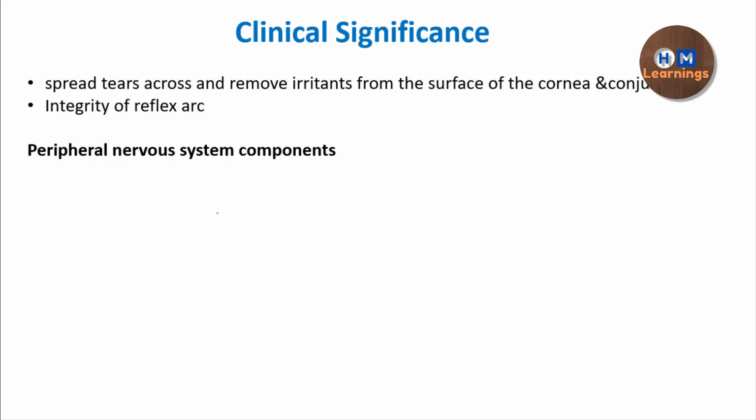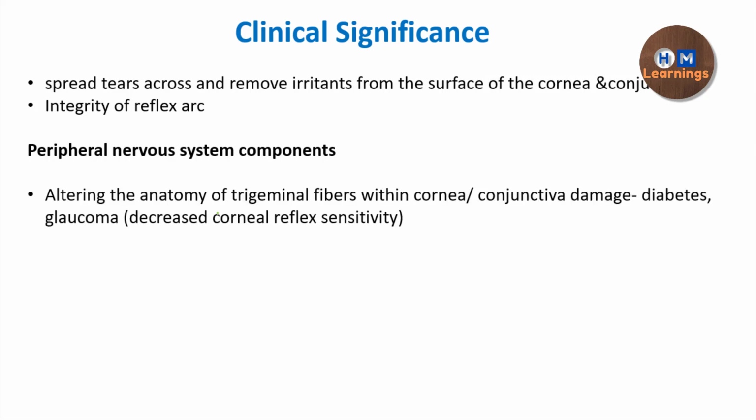The central part is the central nuclei: the sensory trigeminal nucleus, and the facial and oculomotor nuclei. So let's start talking about that. Okay, so what happens if there is a problem with the conjunctiva or the cornea itself?